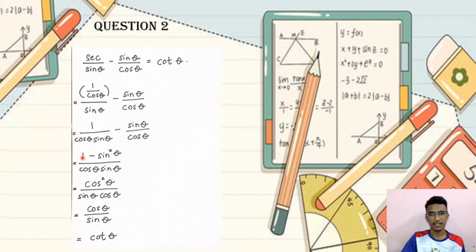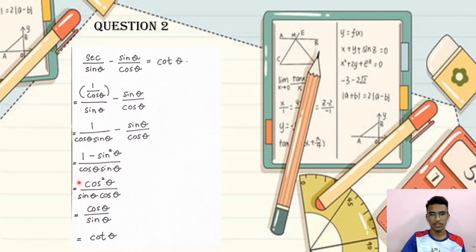Next, I got 1 minus sine square theta divided by cos theta sine theta. I found from this equation, this is a basic identity, which is cos square theta plus sine square theta equals 1.